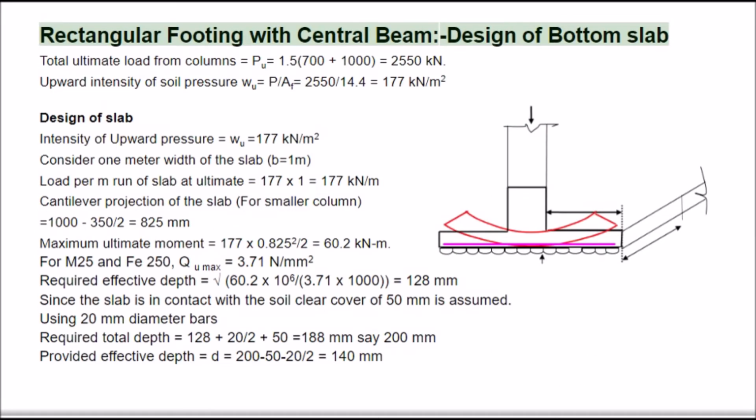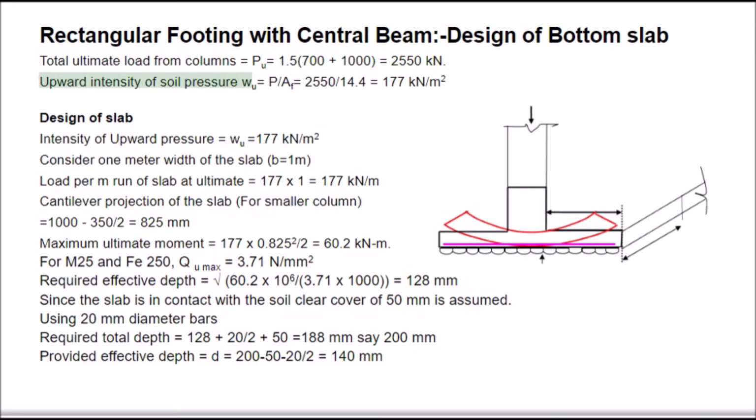Rectangular footing with central beam, design of bottom slab. Total ultimate load from columns equals Pu equals 1.5 x (700 plus 1000) equals 2550 kN.